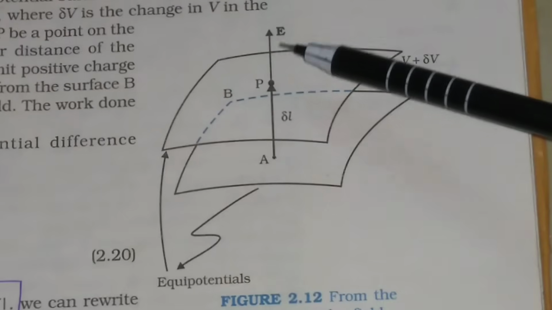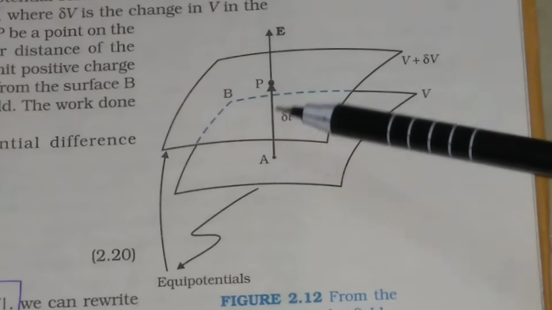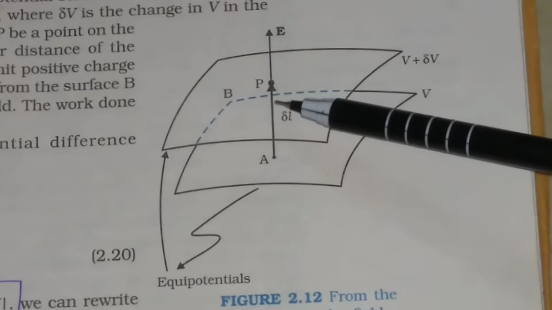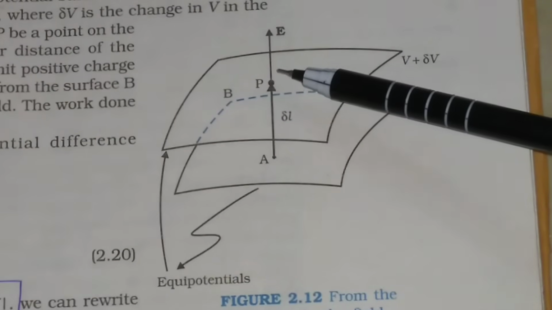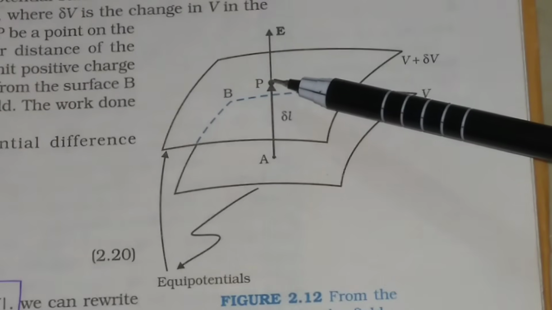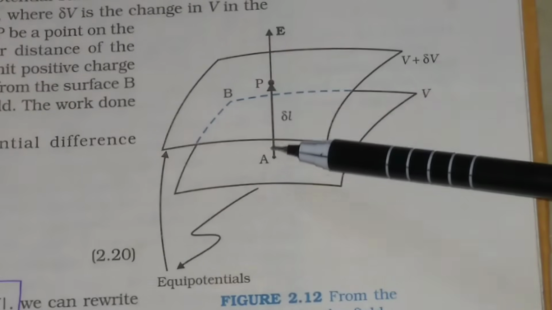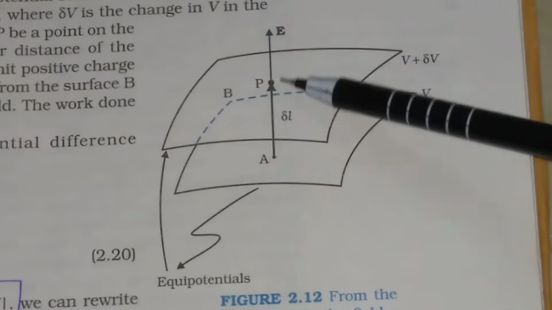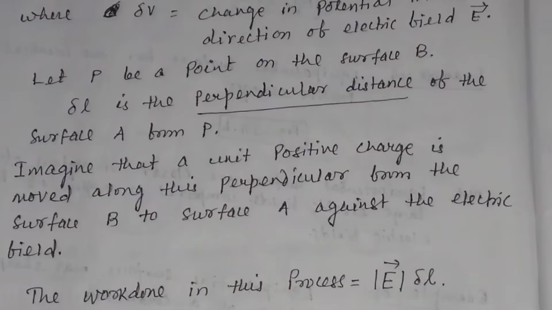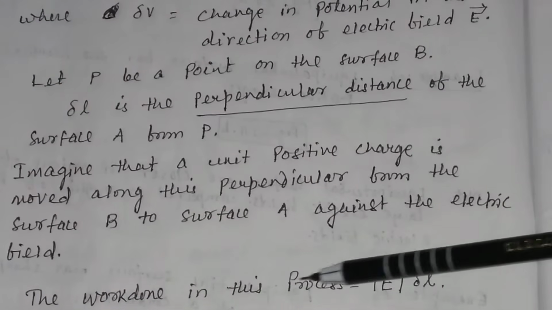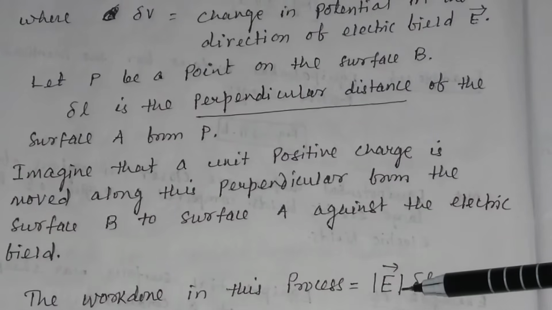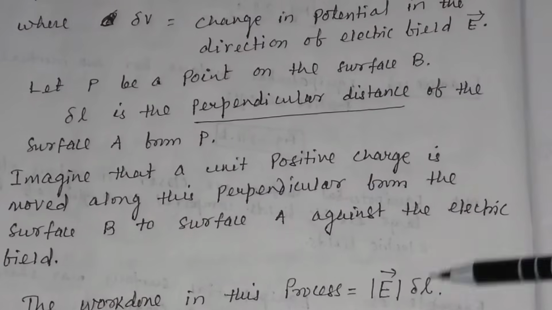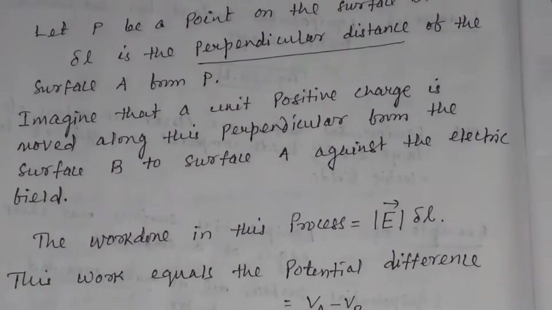So the product of field and this perpendicular distance gives the work done in bringing a unit positive charge from surface B to surface A along delta L, that is in the opposite direction of the electric field. So the work done in this process is equal to the magnitude of the field E times delta L.